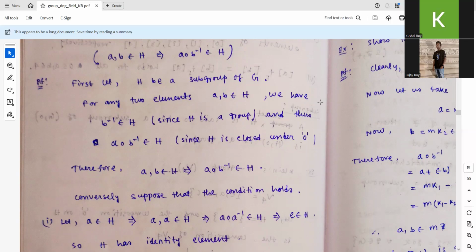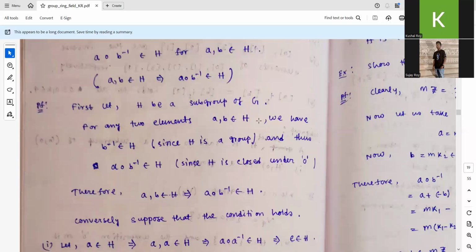So let us come to the proof. First, let us consider H as a subgroup of G. In that case, H is itself a group.